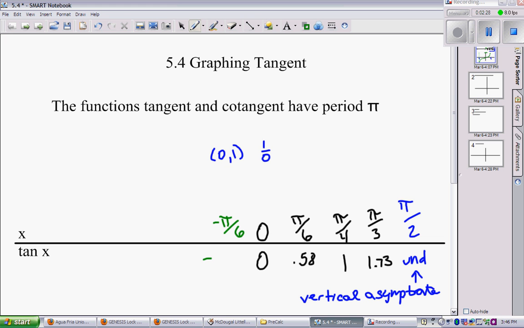You get negative 0.58, negative pi over 4 is going to give you a negative 1. And then negative pi over 3 is going to give you negative 1.73. And then once again, negative pi over 2 is going to be undefined.